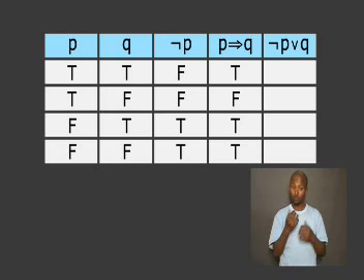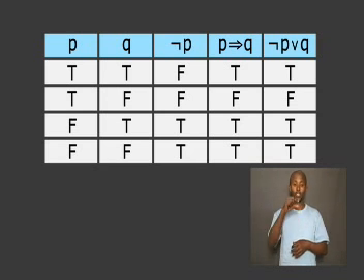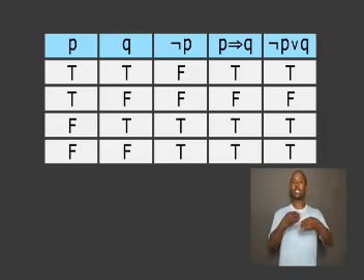Do you understand? The only situation in which both the compound statements have a truth value of F is if P is true, but Q is false. In this way, we have constructed our truth table.